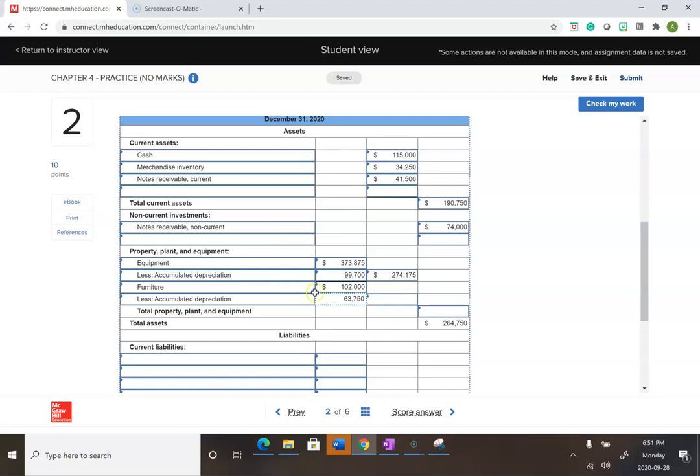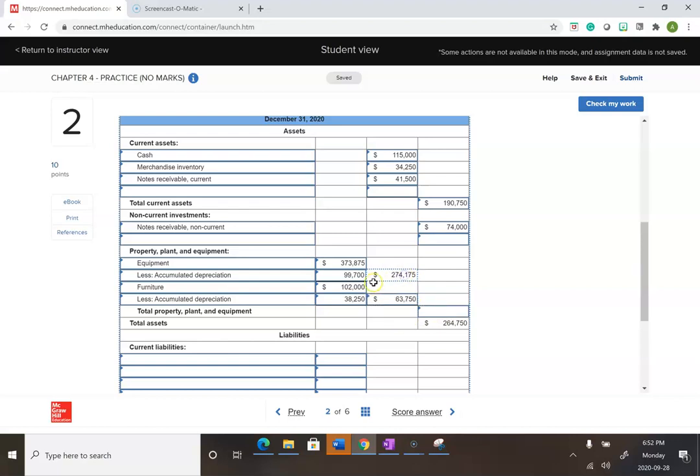And I need to put that right over here. 38,250. And now right here, I want this to be 63,750. So that's the net book value of that. And now in this little square, we're going to add these two together. So add both the net book values together.